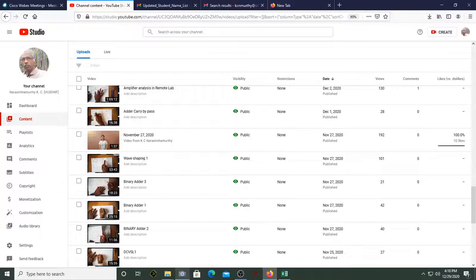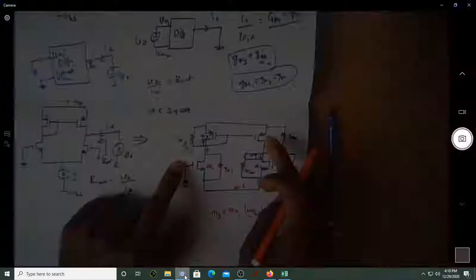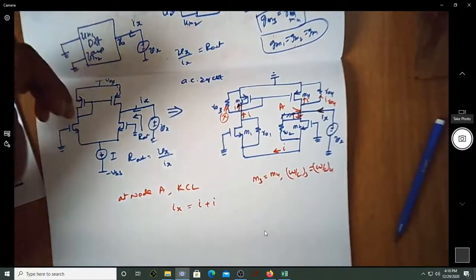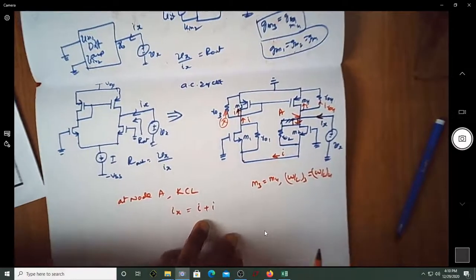If you can see here, there are two branches, so there is a current of Ir04 and I. So Ix, sorry, I missed out something.